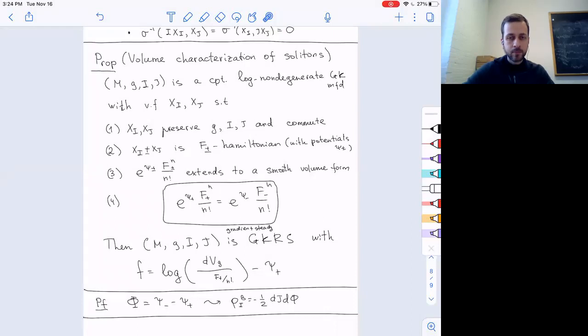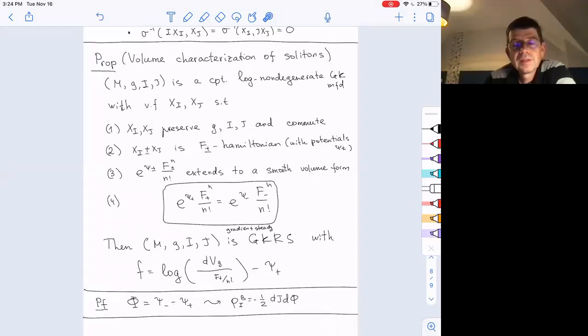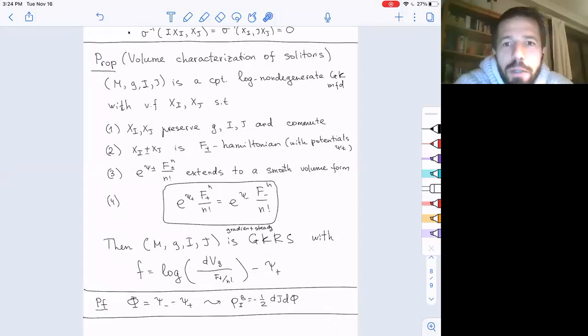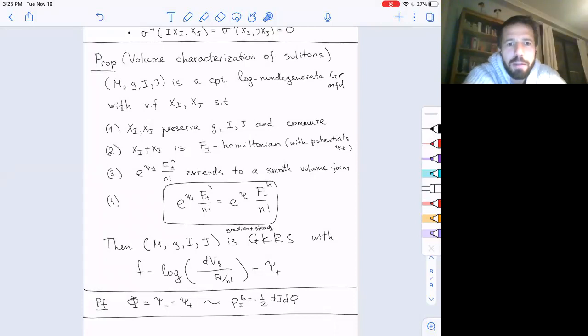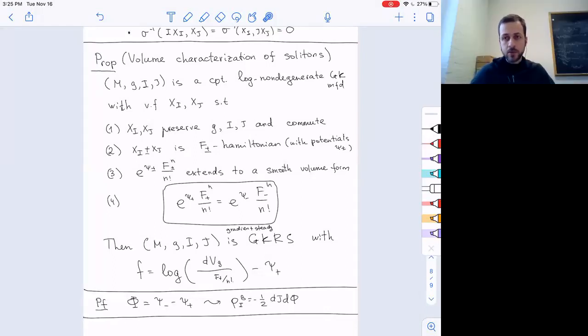What do you know in this log non-degenerate case about the vector fields xi and xj? Are they generically non-zero or something? Or it's not clear? Well, they might be zero. There are complete examples where there is zero. There are, of course, Calabi-Yau examples, and there are general and generalized scalar examples where they're zero.